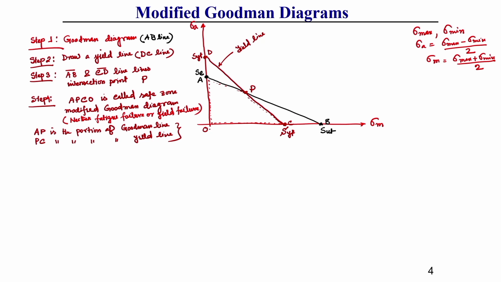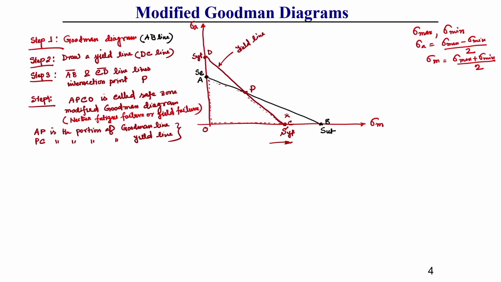Now, in this diagram, if the mean stress value, mean stress meaning along the horizontal axis, is very large and your amplitude is comparatively very small, then in this case some point can lie in the zone of CPB.